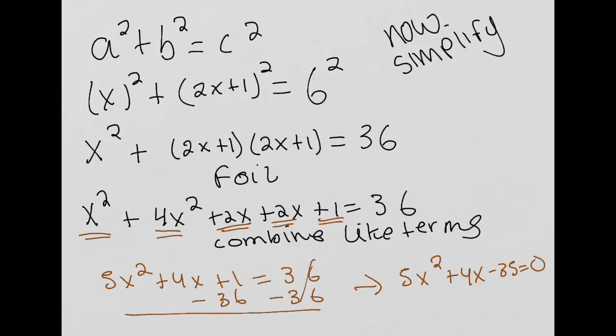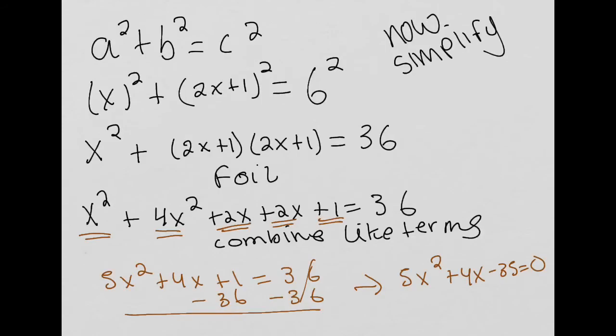Let's just move to this page. 5x squared plus 4x minus 35 equals 0.